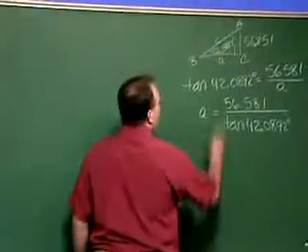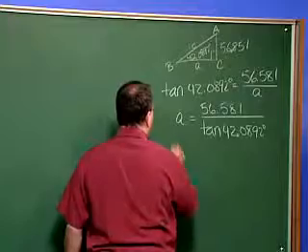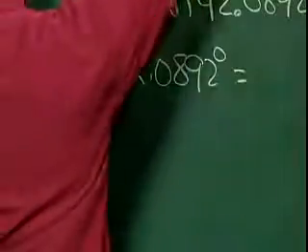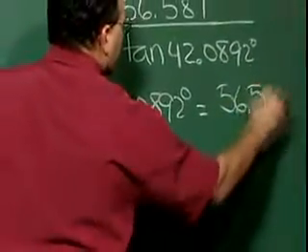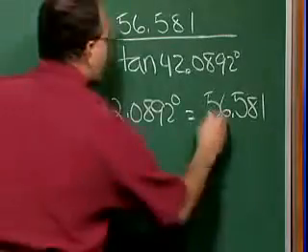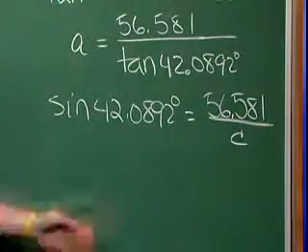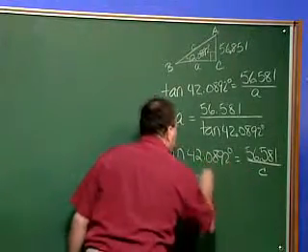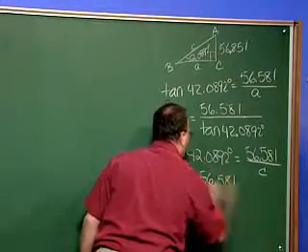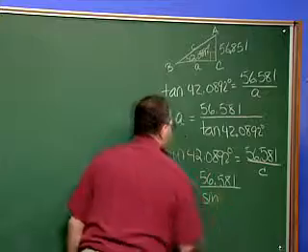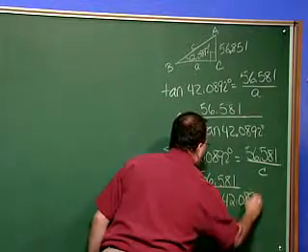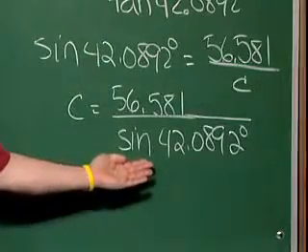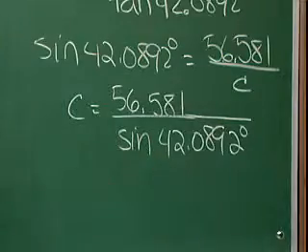The sine of 42.0892 degrees is equal to the side opposite, which is 56.851, over the hypotenuse, which is C. Therefore, C is equal to 56.851 divided by the sine of 42.0892 degrees.